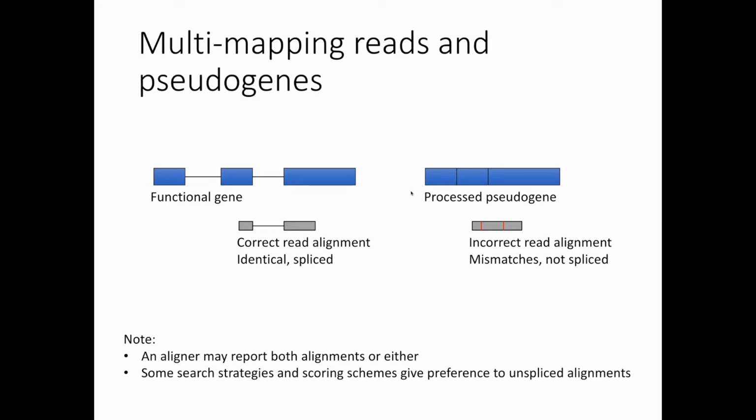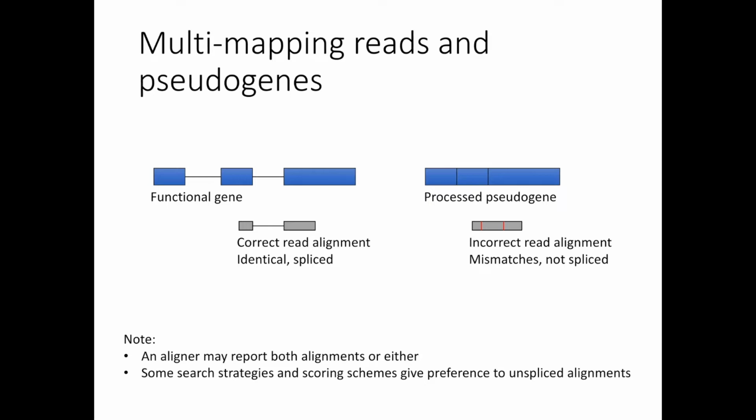Instead, what is being penalized is if you have mismatches or errors between the read that you're mapping and the places in the genome. And often, since these pseudogenes have a higher mutation rate, they are often acquiring more and more errors. Therefore, these functional genes are often being preferred.